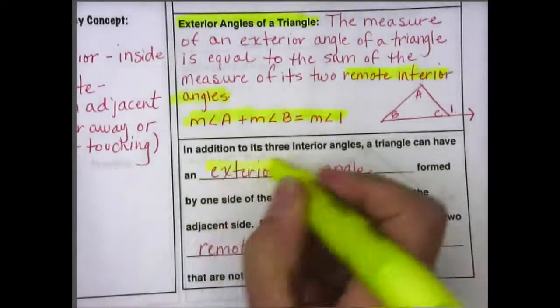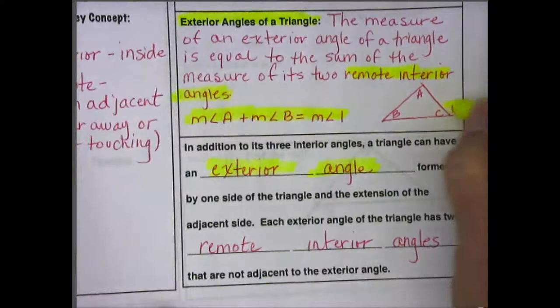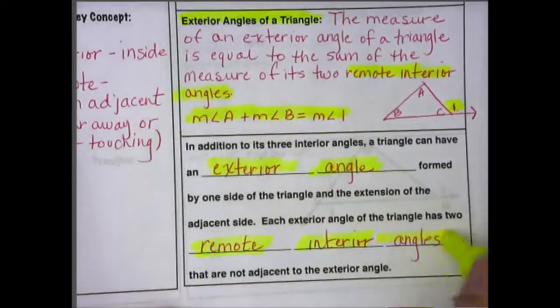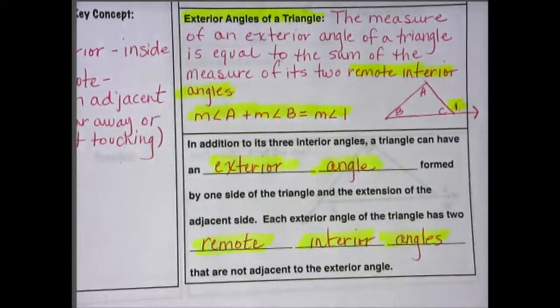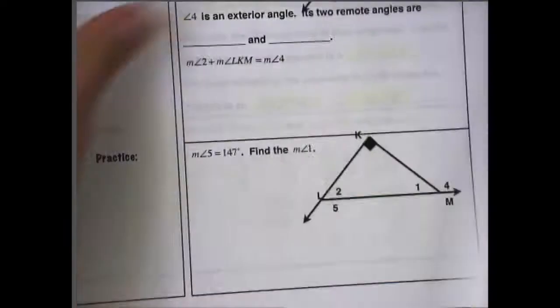So remember, exterior means outside the triangle, like angle 1 up here. And each exterior angle has two remote interior angles, and we've already talked about what that means. Interior means inside, remote means they are non-adjacent, not touching, not close to that exterior angle. Let's take a look at some examples.